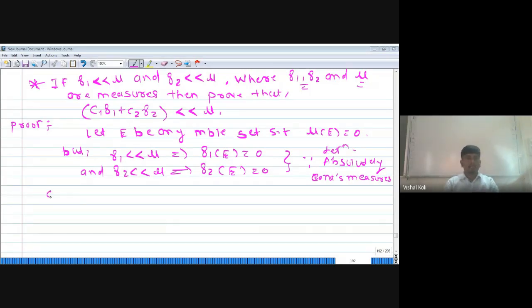Now consider C1 gamma 1 plus C2 gamma 2 of E. This is nothing but C1 gamma 1 of E plus C2 gamma 2 of E. But here gamma 1 of E equal to 0, and gamma 2 of E is also 0. Therefore this is nothing but 0 plus 0, which is equal to 0.